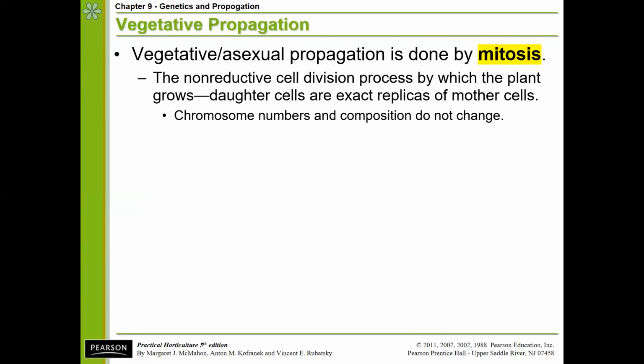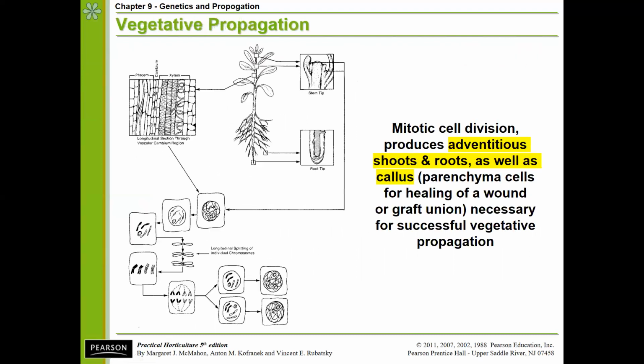Let's get on into the vegetative, the asexual side, and all asexual reproduction is conducted through mitosis, the non-reductive cell division. So the genetics stay the same. And here's just an illustration of cell division taking place in different parts of the plant, in the stem tip, in the root tip.